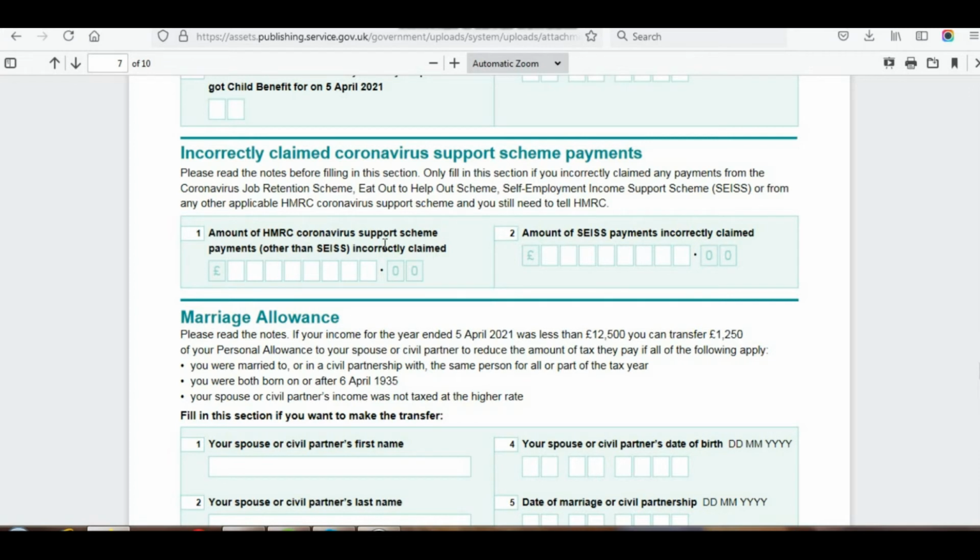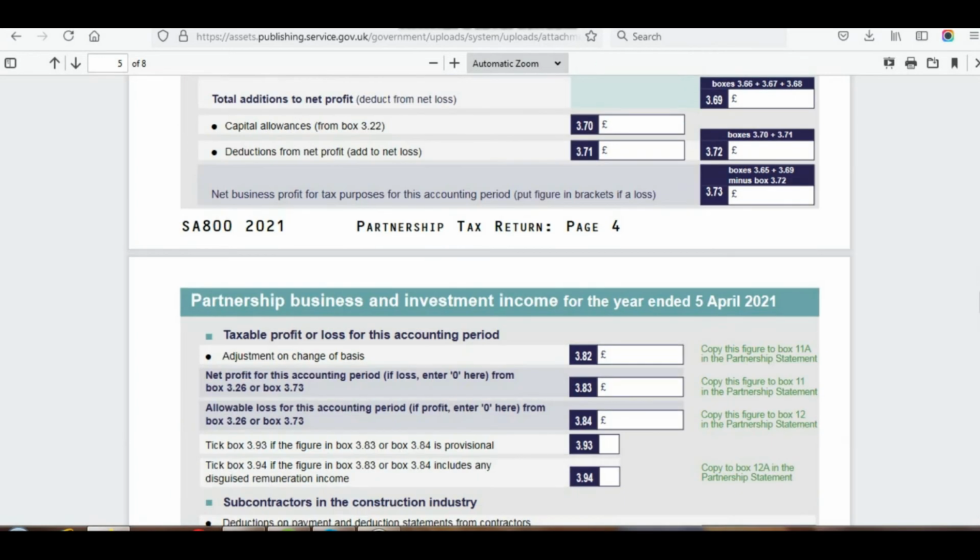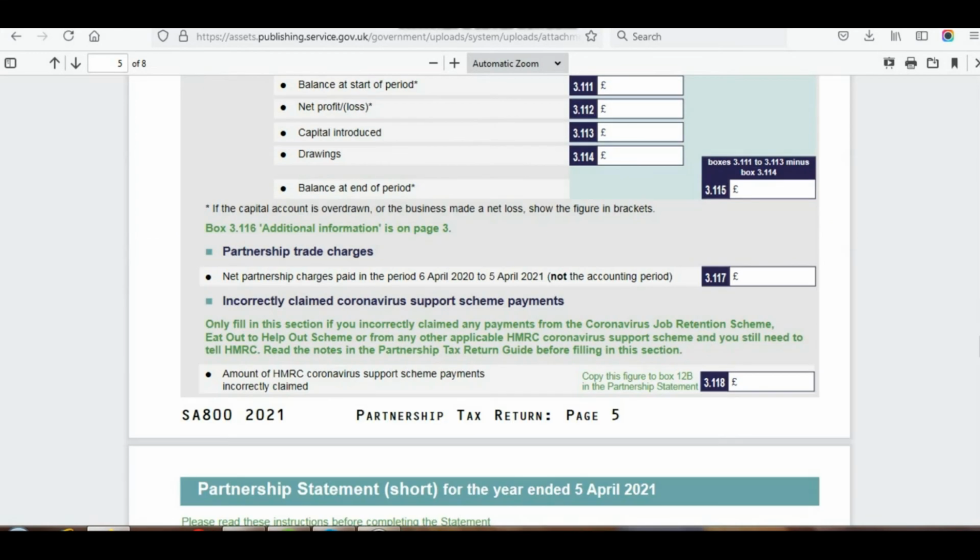So any grant you have incorrectly claimed under SEISS, you have to use box 2. And in case of SA800, you have to use box 3.118 here on page 5, amount of HMRC coronavirus support scheme payments incorrectly claimed.